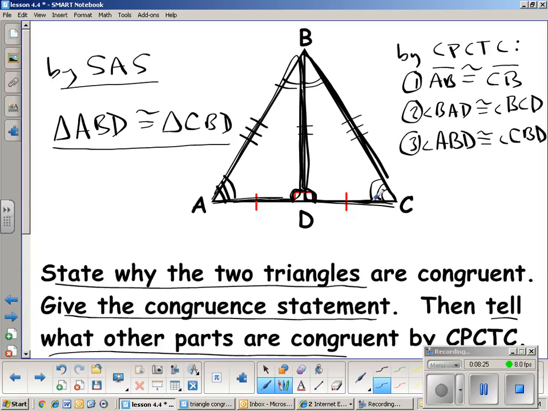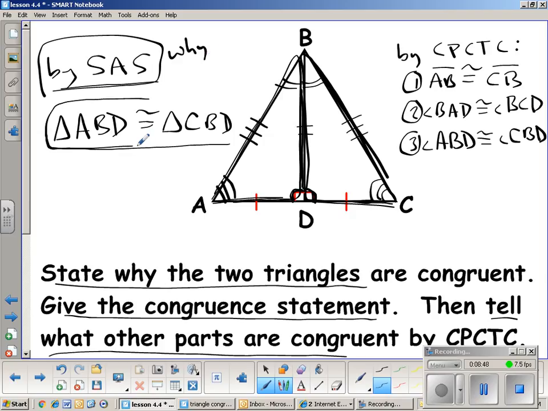Now when you're writing a proof, they're not going to usually ask you to identify all three of them. They're just going to be looking for one of those three. Okay? But this is how we would do this. So on this question, when they say, why is it congruent, write a congruent statement and tell what other parts are congruent, this is what they're looking for. This is the why.